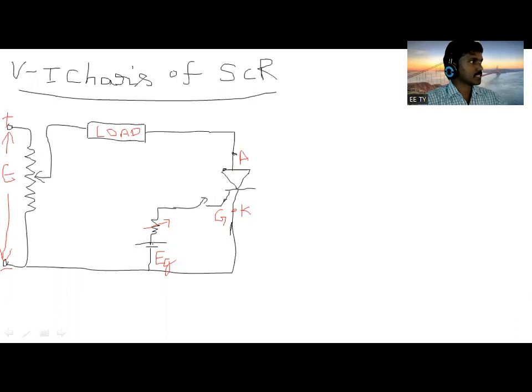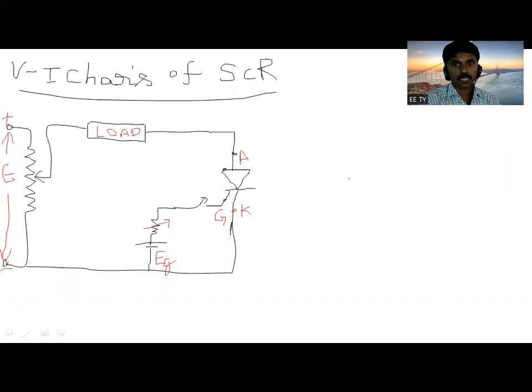If you increase the gate voltage by using this rheostat or variable, the gate voltage is increased. So here we always need to give two voltage sources: one for the voltage across the anode and cathode, and the second for the gate. Is this concept clear? That is the first point. And the second one.